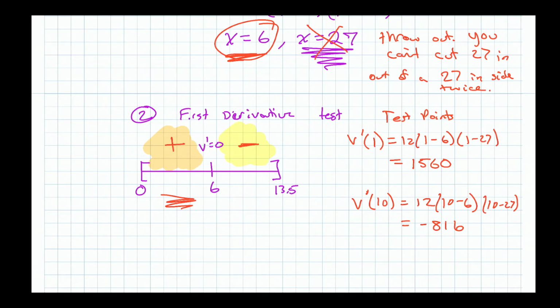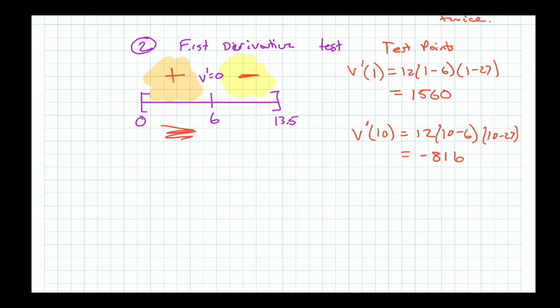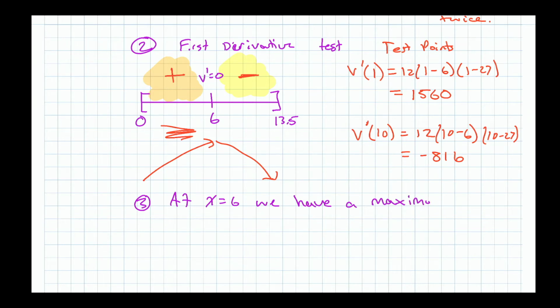And there you go. The first derivative test then says from 0 up to 6, the function goes up, and from 6 to 13.5, the function goes down. So what happens at 6? A maximum happens at 6. Now, technically, the first derivative test tells you it's a local maximum.